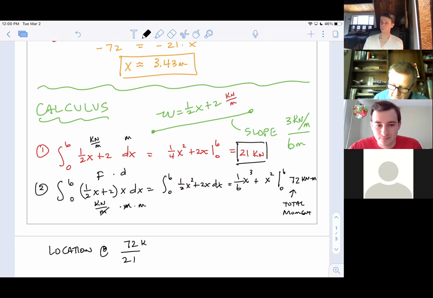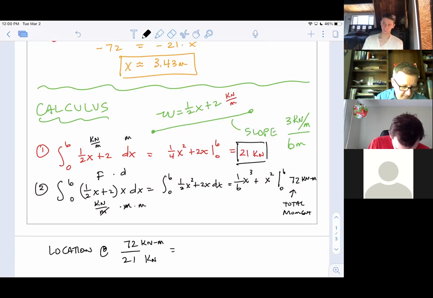Notice that's kilonewton meters divided by kilonewtons. When I divide those, 72 divided by 21, that's what we just did mathematically a minute ago. You end up with 3.43. And the kilonewtons cancel and you get meters. That's your distance.